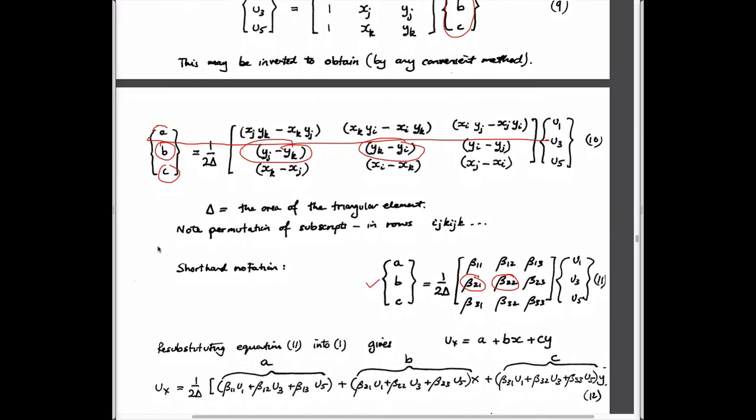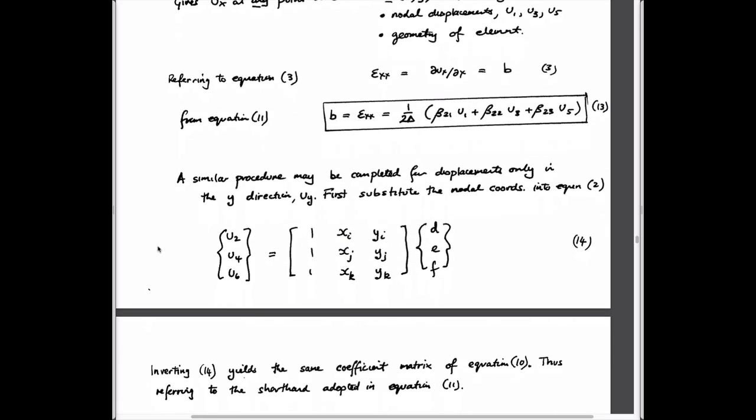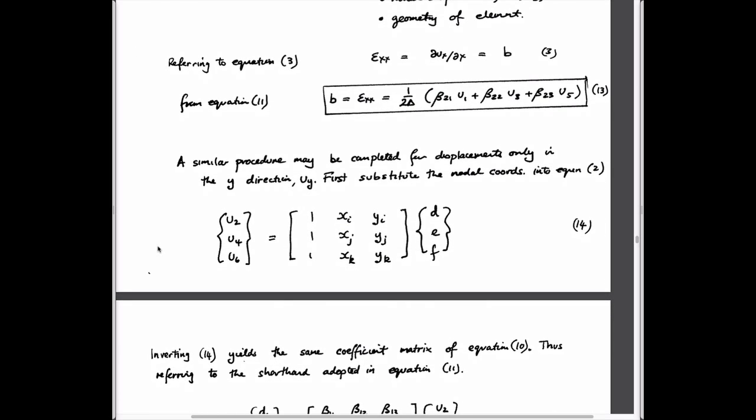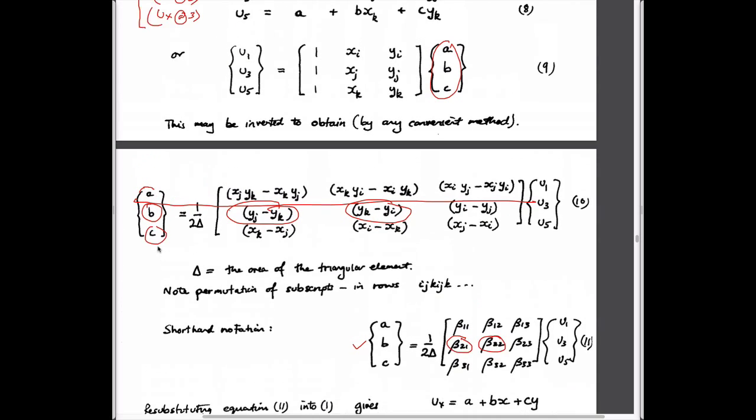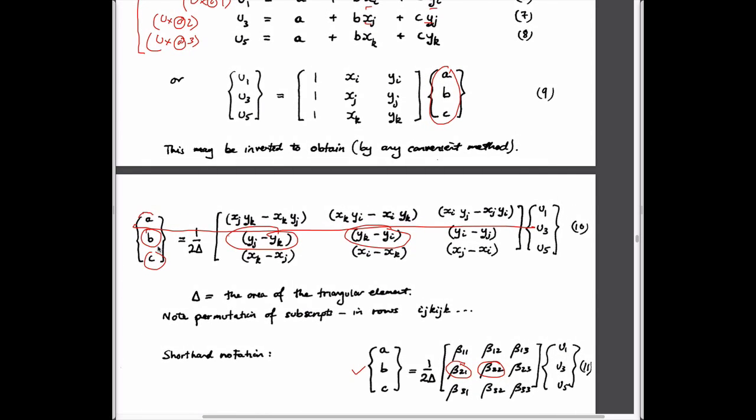I'm not sure whether I write it out in longhand or not. Yeah, I guess I do. And we get an analogous result, which is actually identical to this. It's exactly the same as this expression here. But instead of this, this, and this, it's just going to be U2, U4, and U6.